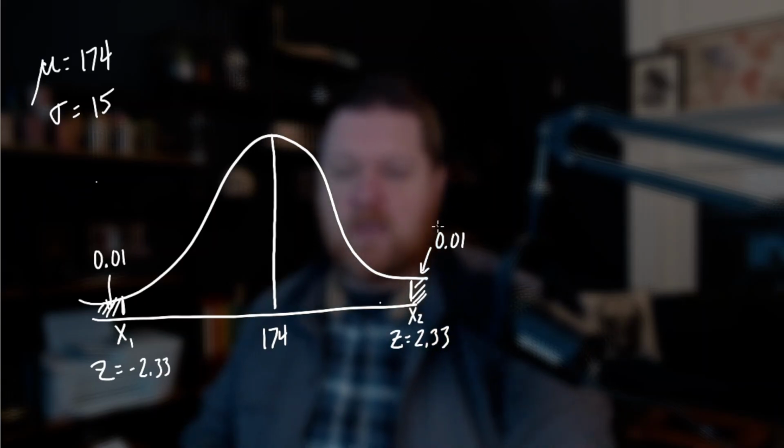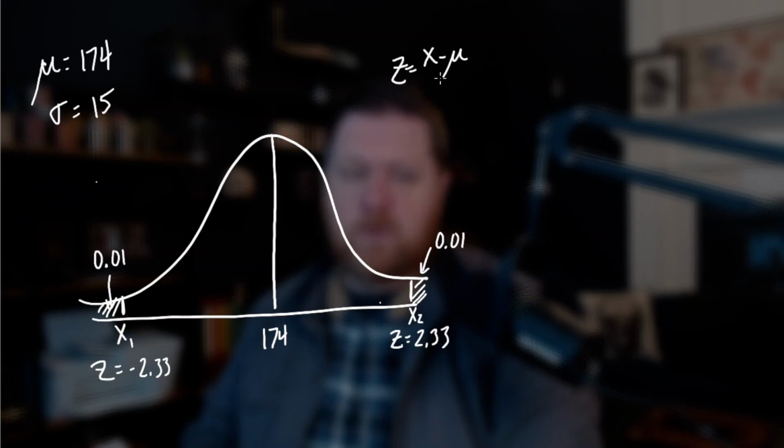So now that we know what the z-scores are, let's go out here and work it. Let's work this first one over here. We'll say z is equal to x minus mu over sigma. In this case, we have to write the whole thing out. So negative 2.33 is equal to x minus 174 divided by 15.